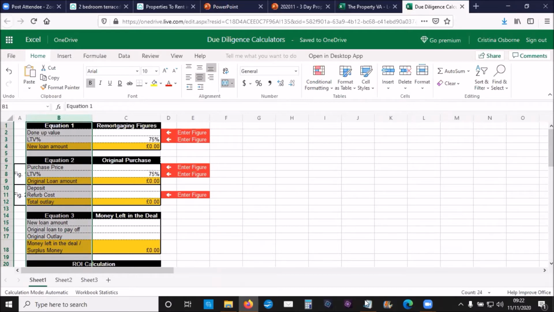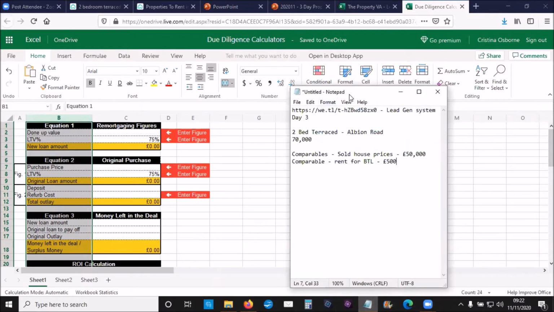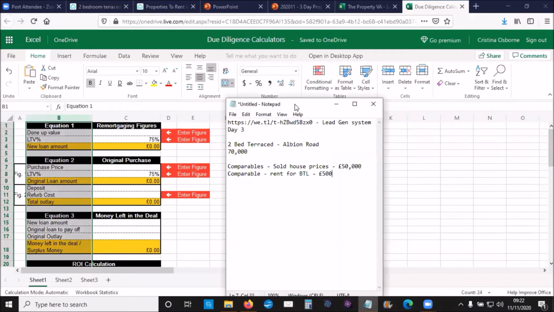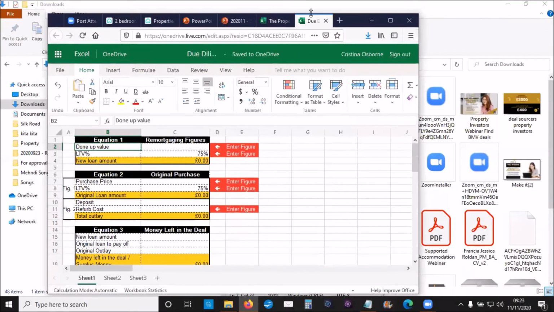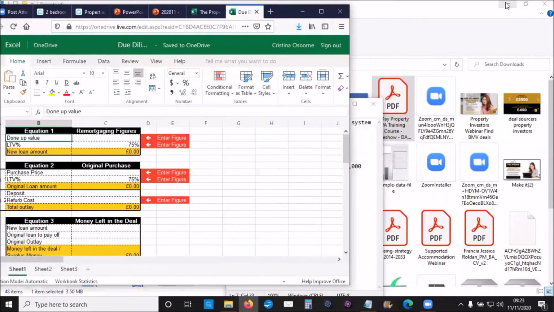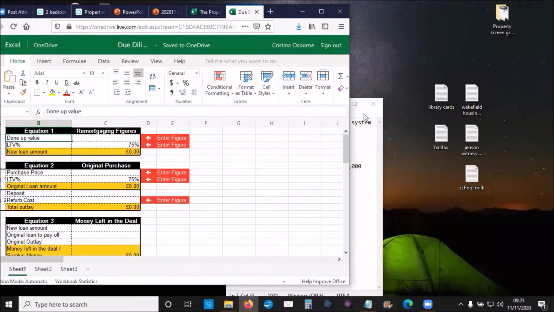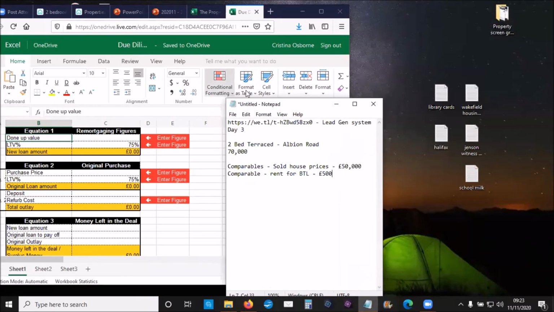Okay, so this is the notepad that we opened earlier. We have determined that the done-up valuation on this property, I'm just going to do this for a second, so we can have them side by side.